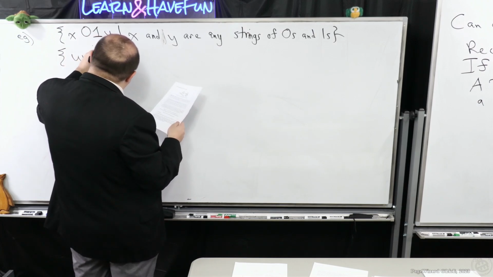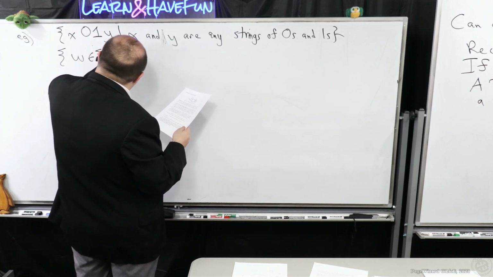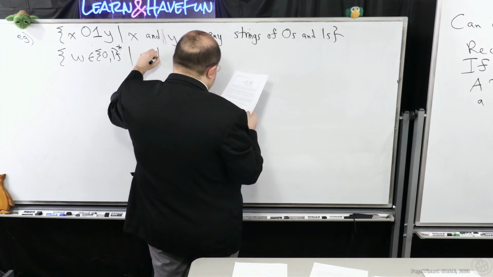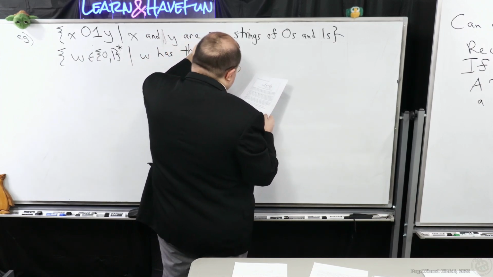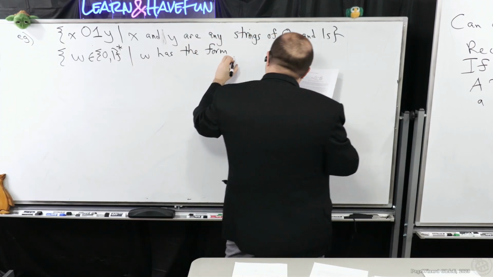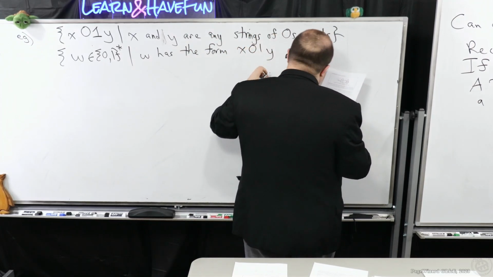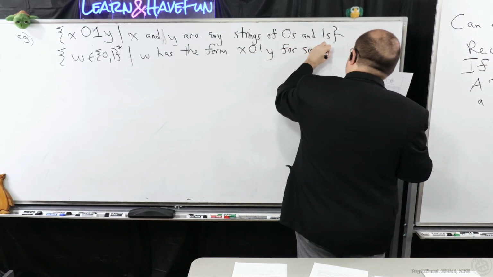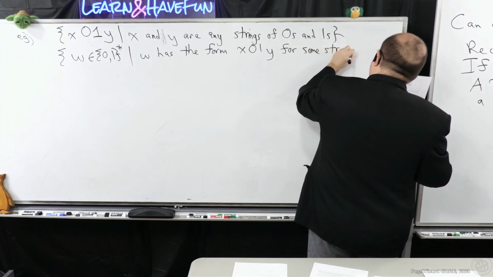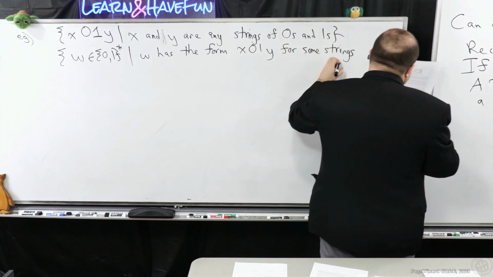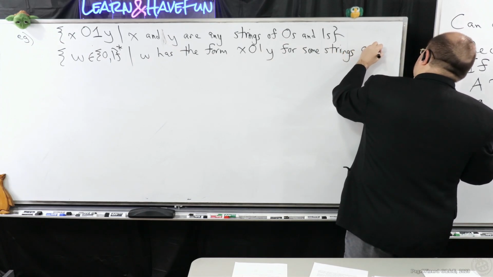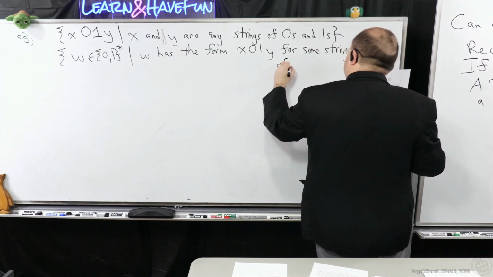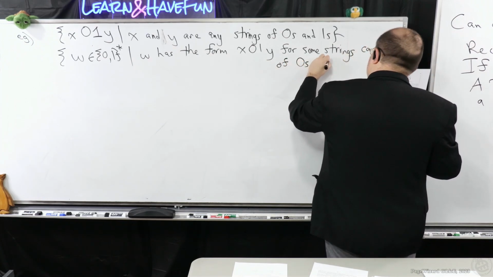So it's going to be a string such that W has the form x0, 1, y for some strings consisting of zeros and ones.